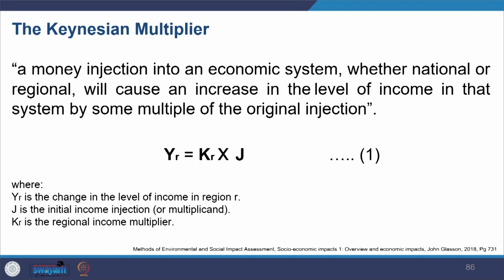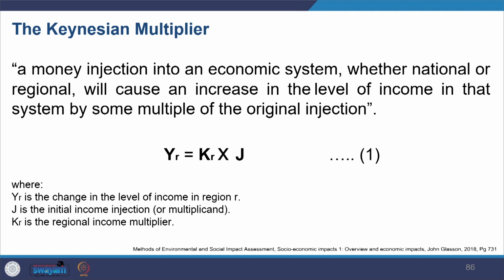You can see that in this simple formula where YR is the change in the level of income in the region, and J is the initial income injection, so how much money you're investing through that particular project, and KR is the regional income multiplier. So what's its potential to multiply that? Based on that, it will calculate the change in the level of income in the region.